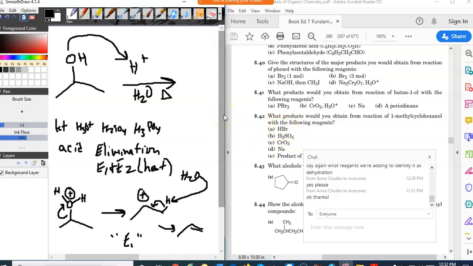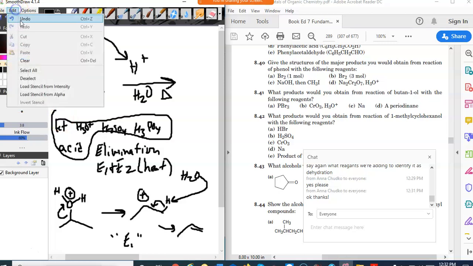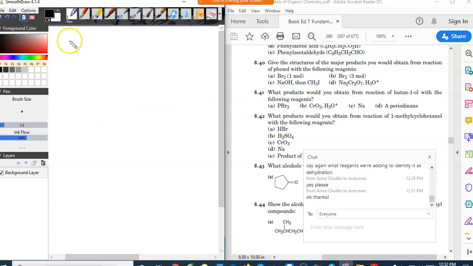Well, one way is this thing that I told you: if you use heat, it's implying elimination. But how do you know? Let's go over that since we're talking about it. There is something called a nucleophilic acid. Again, this is more information, but it might help you.